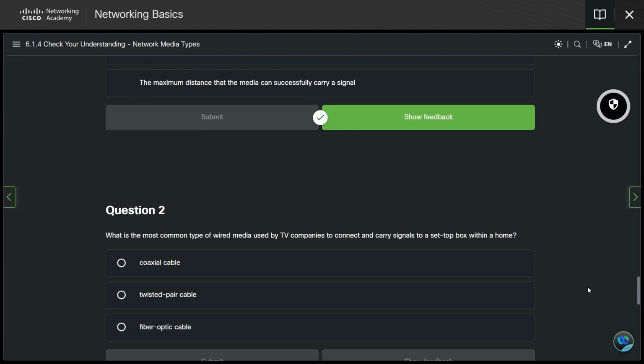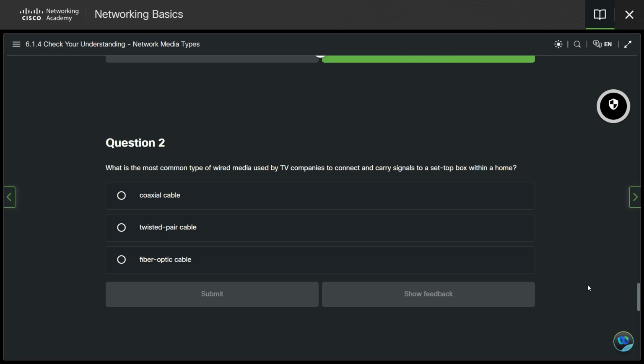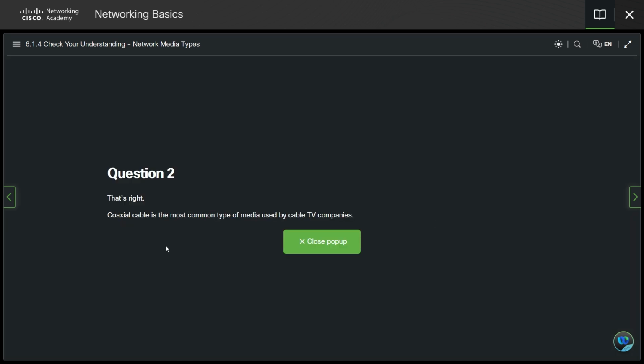The second question is, what is the most common type of wired media used by TV companies to connect and carry signal to a set-top box within a home? This is coaxial cable. That's right, coaxial cable is the most common type of media used by cable TV companies.